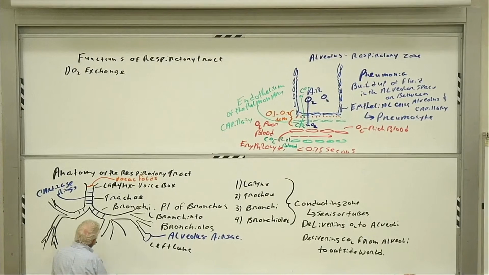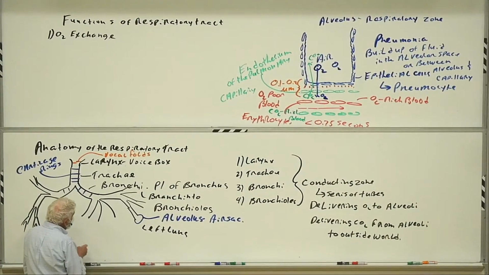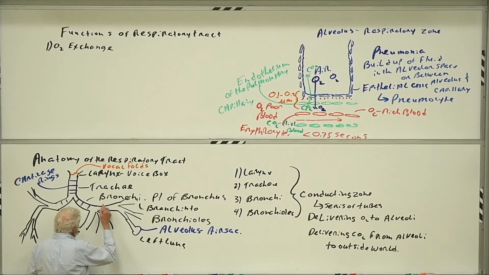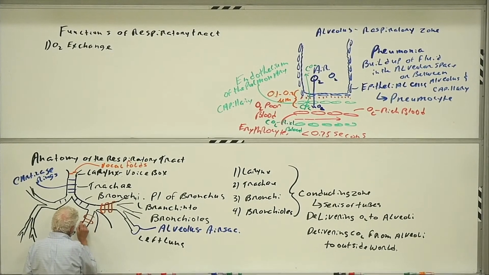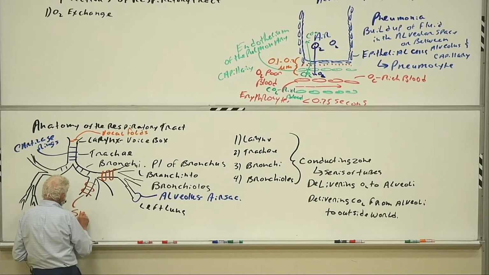So we can imagine all of these bronchioles are surrounded by smooth muscle. So this is meant to be smooth muscle.